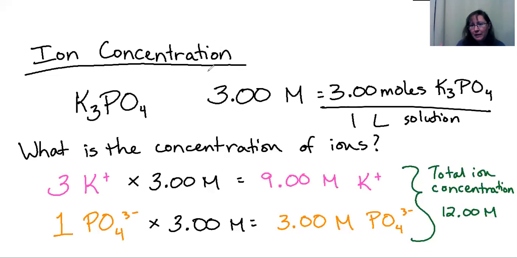So what we need to do is take that stock solution and make it more dilute. And there's a specific equation for what we call dilution chemistry, and that is our dilution equation.